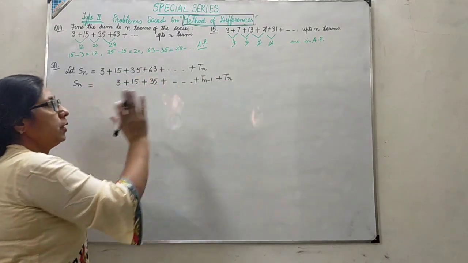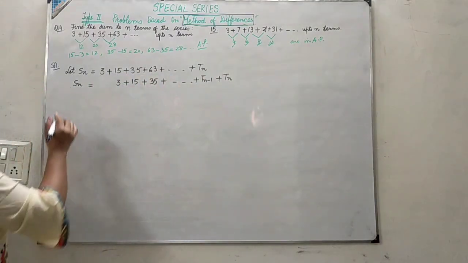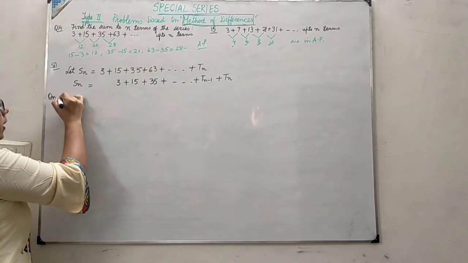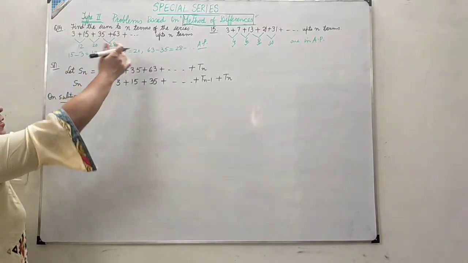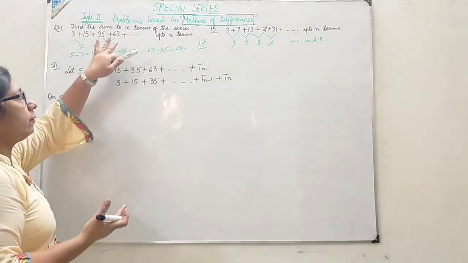I have just shifted this series by one term, and after that I subtract. Why are we subtracting? Because I want to find the differences in consecutive terms as we have discussed.